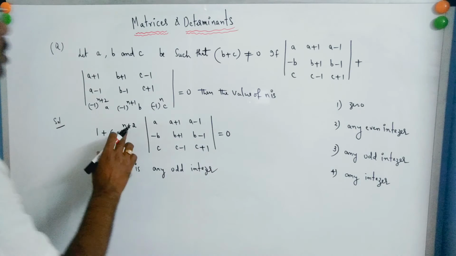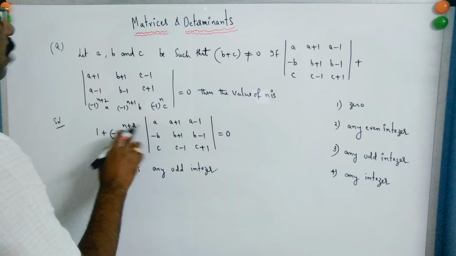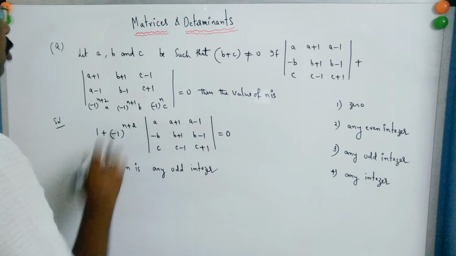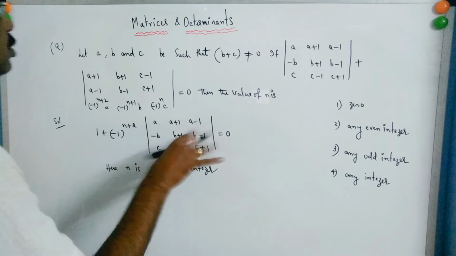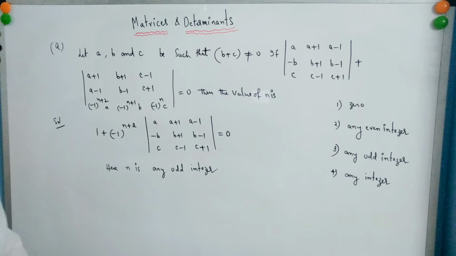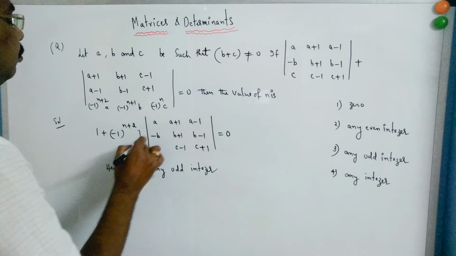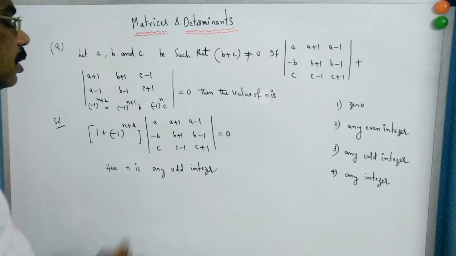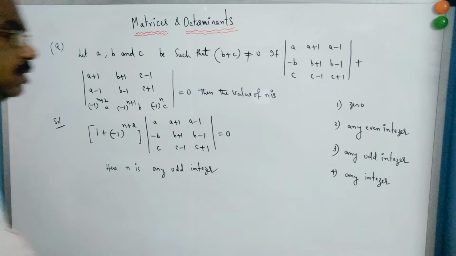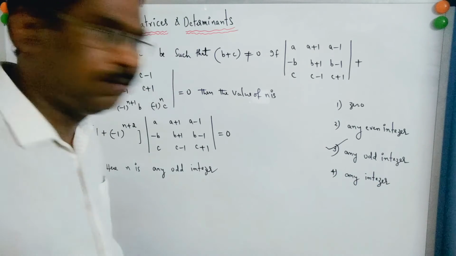Any odd integer means, say you take 1 plus 2, minus 1 whole cube means minus 1 plus 1, 0. That value is equal to 0. Therefore, n is any odd integer. The third one is the correct one.